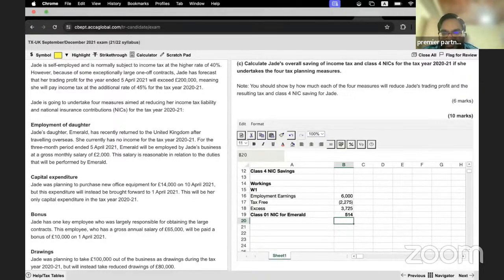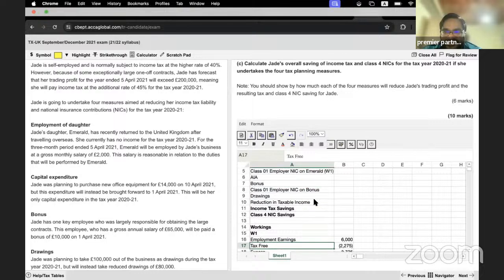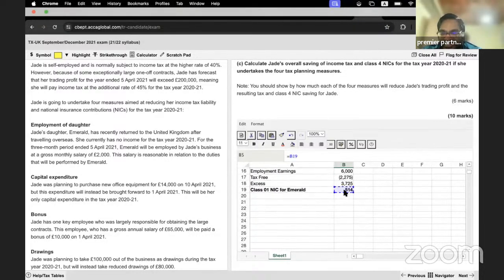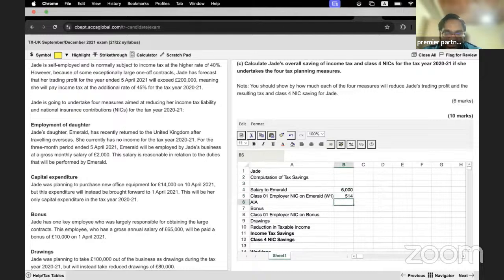Are we okay with that? Class 1 NIC, Emerald's employer part calculation. Awesome. This one I'm going to link to my main calculation. Just press equal, click the cell, press enter.